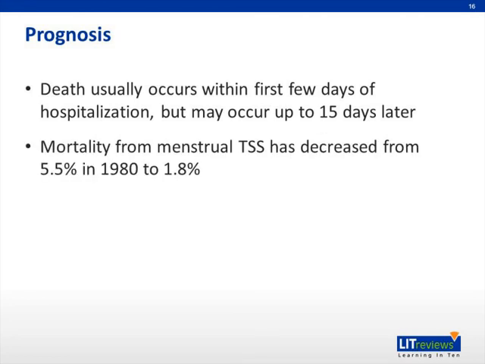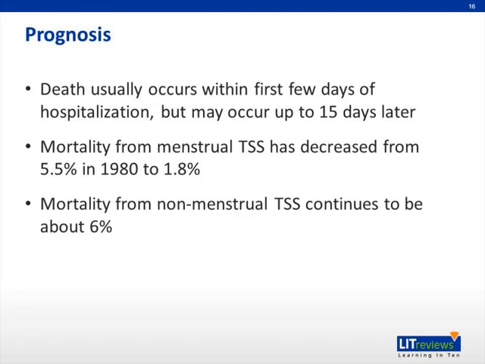The mortality from menstrual toxic shock syndrome has decreased from 5.5% in 1980 to 1.8%, so we've done a good job there. However, the mortality from non-menstrual toxic shock syndrome continues to be about 6%, so we haven't made much leeway there. There are some cases where death occurs about 2 weeks later.